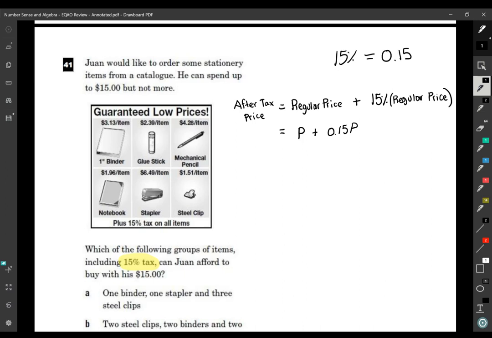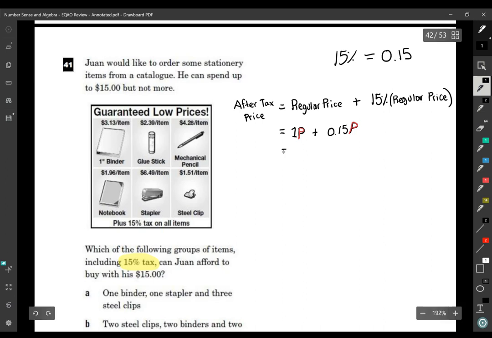If we think of this as an equation, aren't these two terms like terms? Can't we combine them? Because remember, this is technically 1P plus 0.15P.